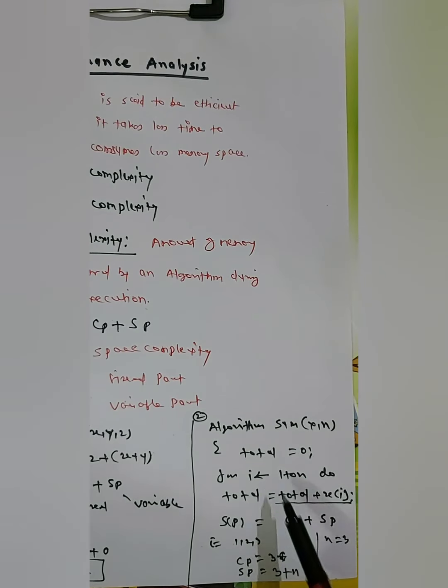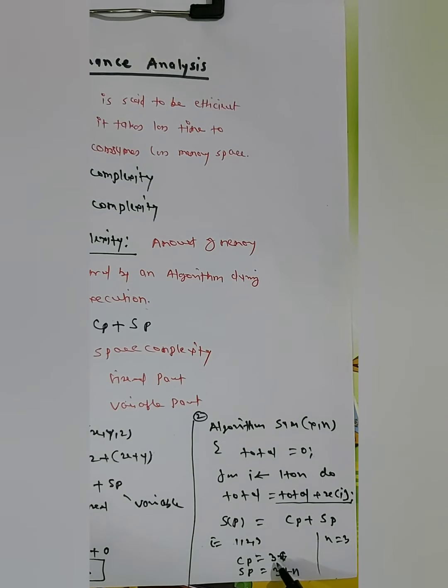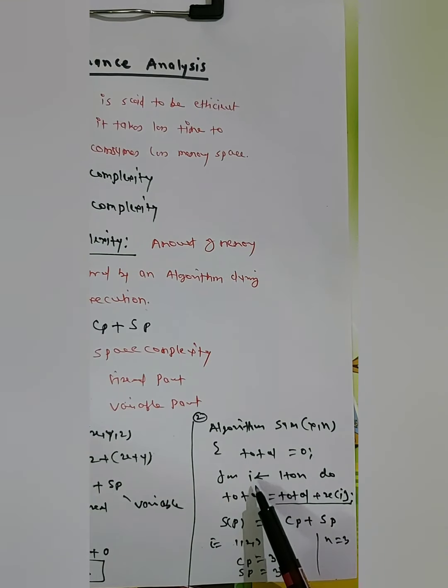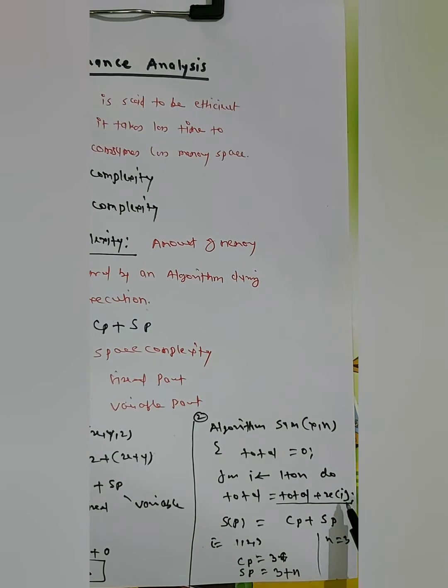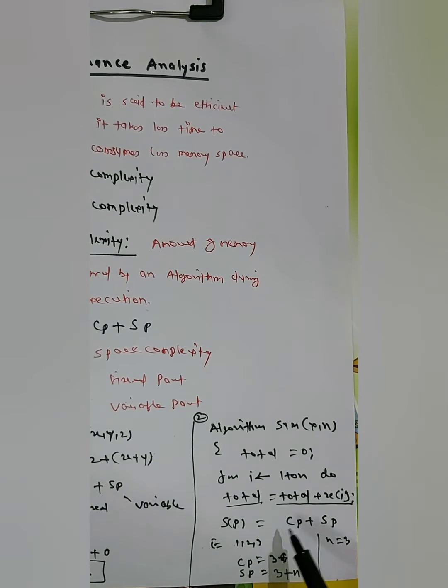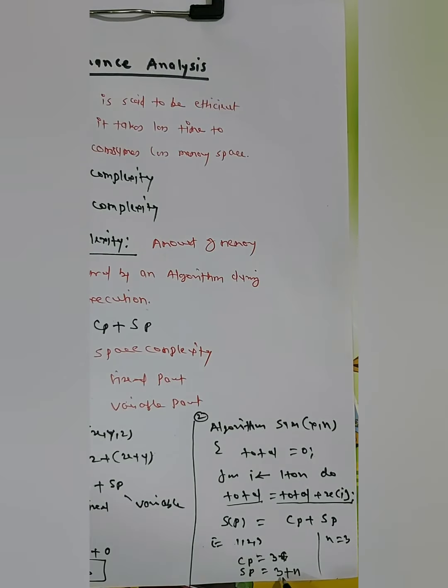How? The fixed C(P), suppose we take n equal to 3, so the fixed part is 3. Now S(P) means the variable part: i is changing for the 1st, 2nd and 3rd time, that's why 3 plus the variable part, total, is dependent on total plus x of i. So the total is 3, that's why 3 plus n.